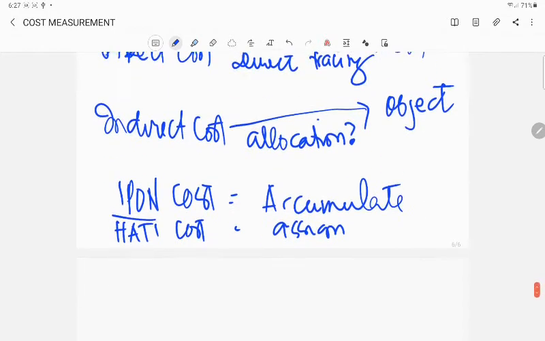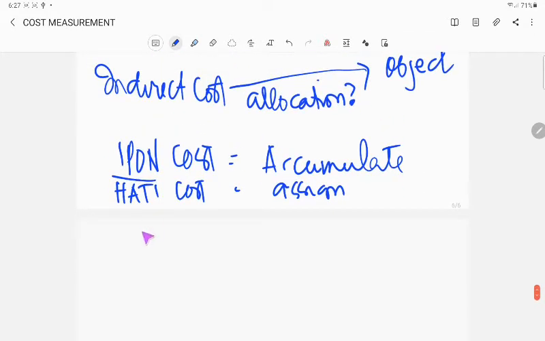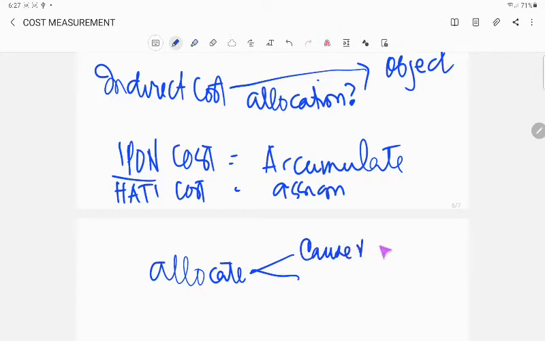Pag nag-a-allocate tayo ng cost, pwedeng ang mga dahilan niyan ay due to cause and effect. O pwede rin namang ang dahilan niyan arbitrary. So, cause and effect allocation or arbitrary.